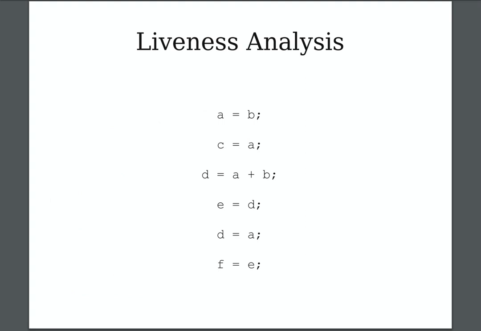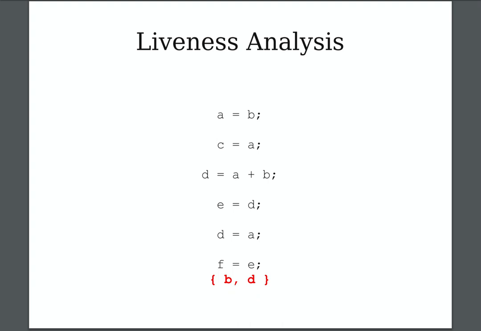So let's look at liveness analysis. How do we frame liveness analysis in this data flow framework? Its initial value is whatever variables are live at the end of this basic block. So assuming here that there's some return statement or some print statement that is using the variables after this basic block, that's how we initialize the set of output values for our basic block.